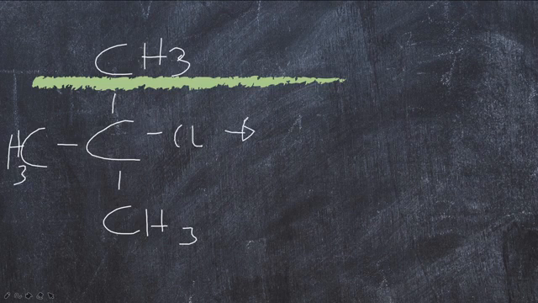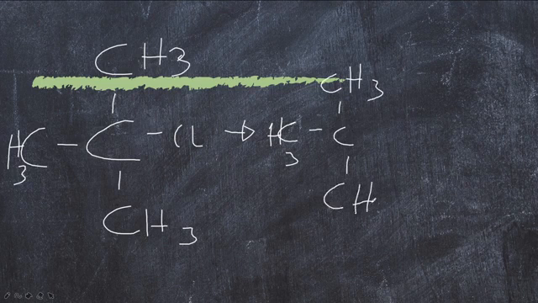Now I said it will split into this CH3, this is the first CH3, this is the main alpha carbon, this is CH3 again, and this is CH3, plus Cl minus. So this will have a positive charge.